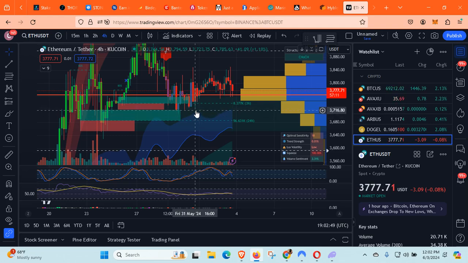So either putting the stop loss under this here at under 37.24, so maybe 37.20, or you could put your stop loss here, a less aggressive one, at 3,700. And if you really don't want to be that aggressive because you think Ethereum is going to go up and your risk tolerance is high, you could put it underneath 36.28, so maybe 36.25 or 36.20. You could put a stop loss there.